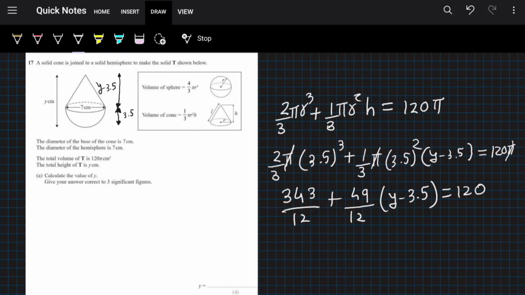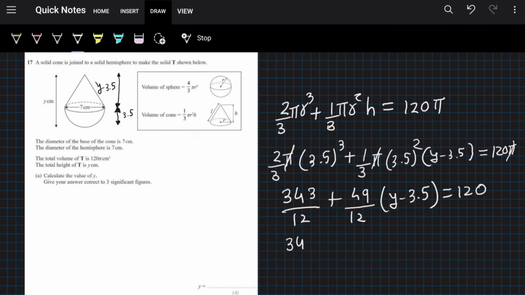So we expand the brackets. We have 343/12 plus 49/12 y minus 49/12 times 3.5, so we get minus 343/24 equals 120.